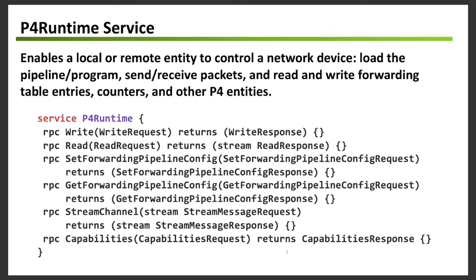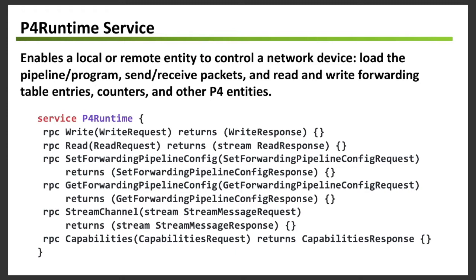Then you have 2 RPCs, and this is really what the novelty is in P4 Runtime, to configure the pipeline of your networking device, and it's called set forwarding pipeline config. It takes an argument which is basically the output of your P4 compiler. So it's not a P4 program, but the output of your P4 compiler, and a part of that message is target independent, and a part is target specific.